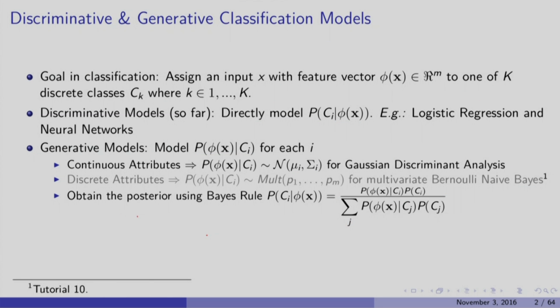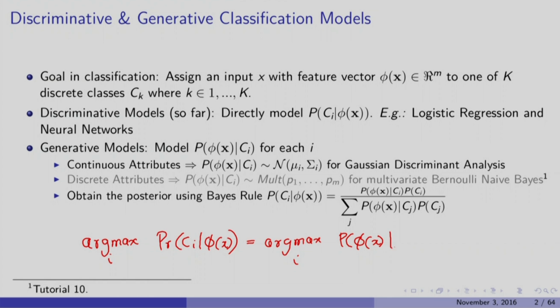So in general you get the posterior using Bayes rule, and to find the most probable class you look at argmax over I of the probability of Ci given phi x, and that is nothing but the argmax over I of probability of phi x given Ci into the probability of Ci.